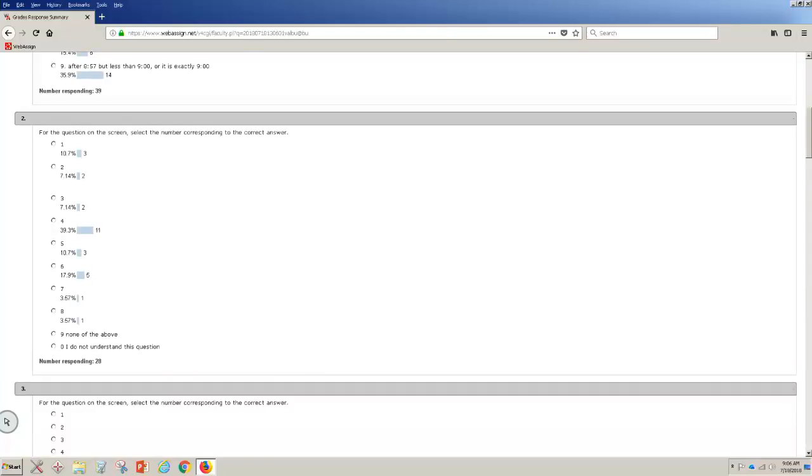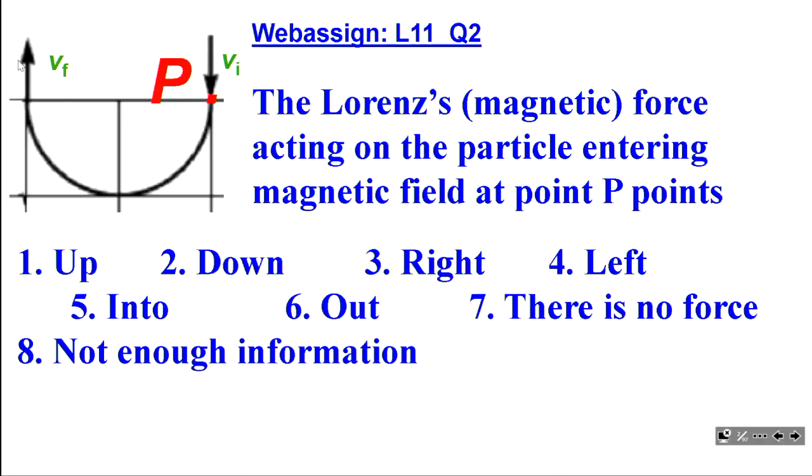So we have a distribution. And the 4 is the correct answer because, again, it's not about magnetic field or any other field, or right-hand rule or left-hand rule.